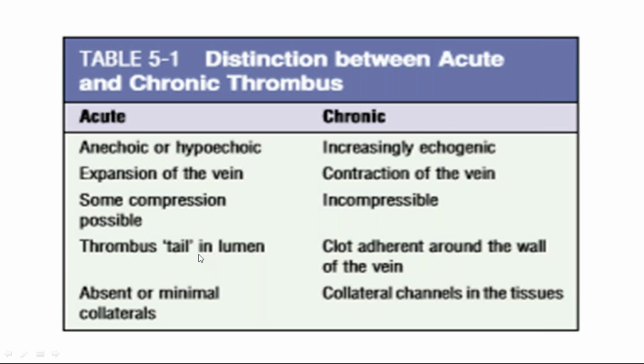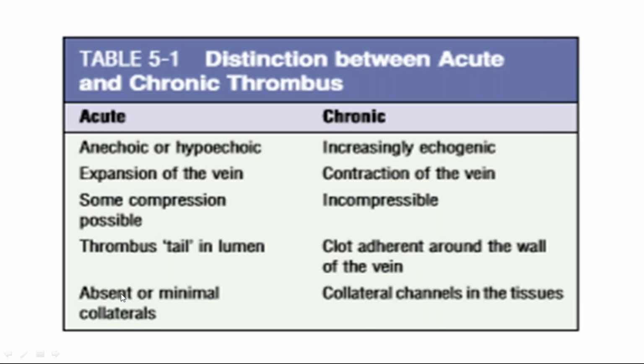And the thrombus contains a tail in the lumen, as the growth of thrombus is very little in acute stages. We can see a tail in the lumen, and in chronic stages the clot is adherent around the wall, which means it is entirely filling the vessel lumen.